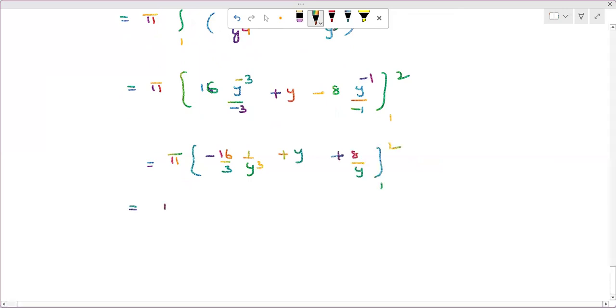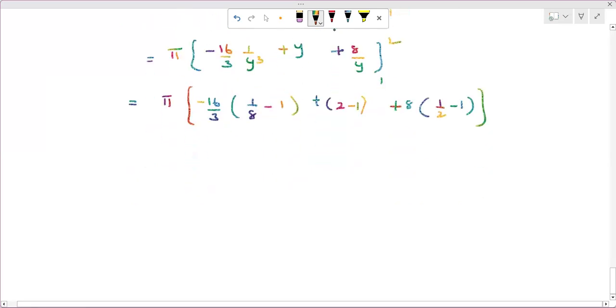Now substitute the values. It will be 1 by 8 minus 1, 2 minus 1, upper minus lower, plus 8 into 1 by 2 minus 1.